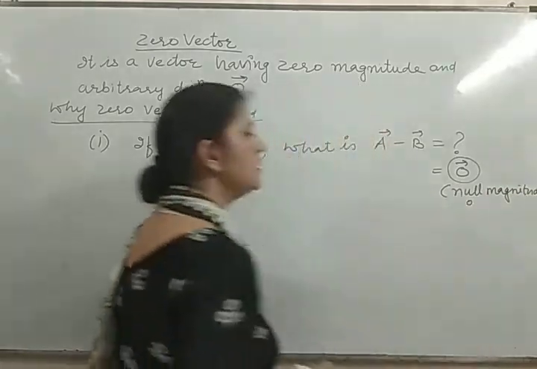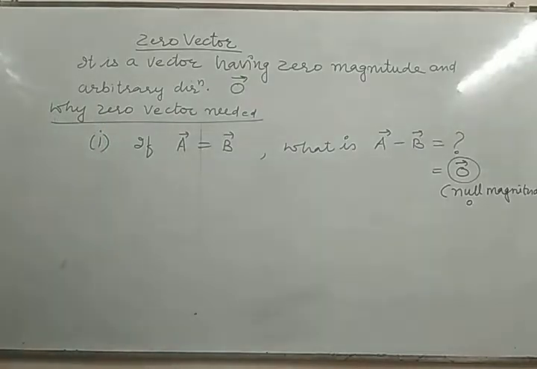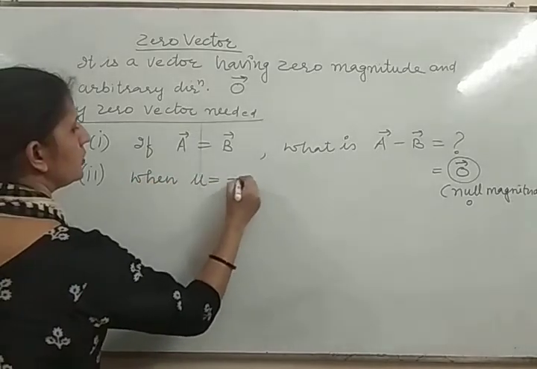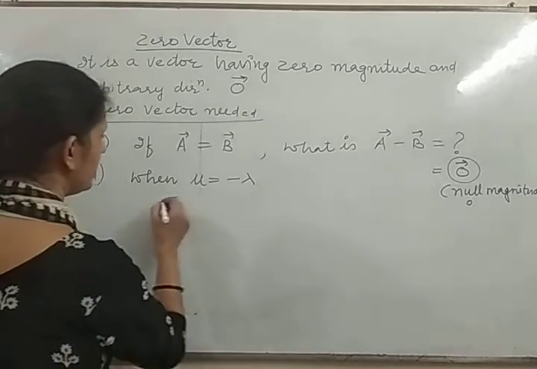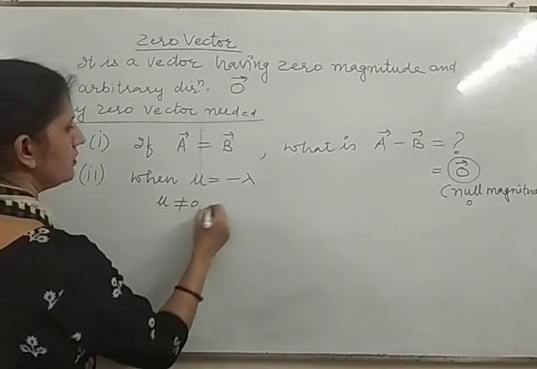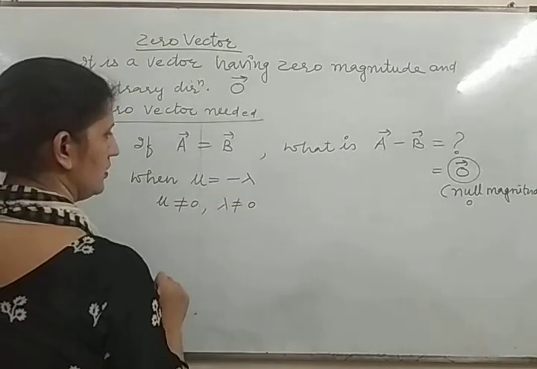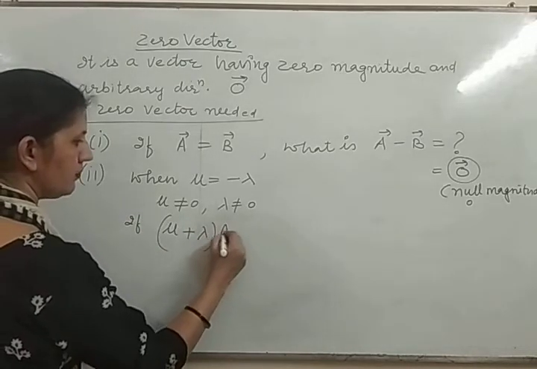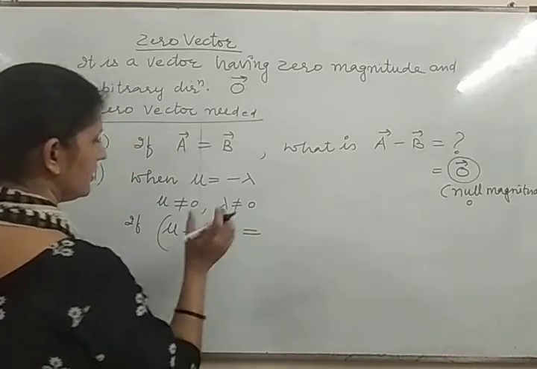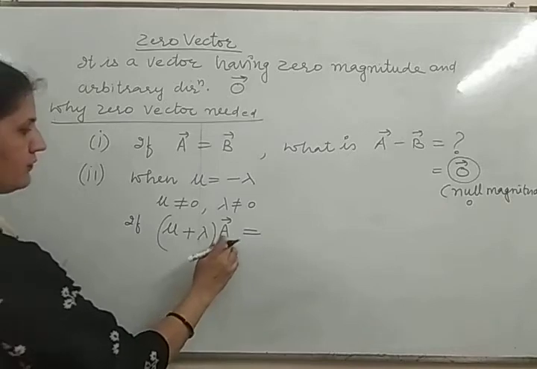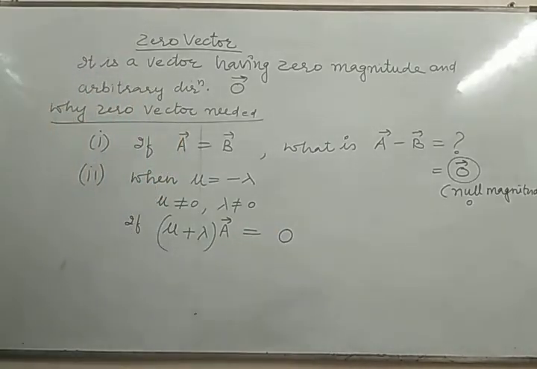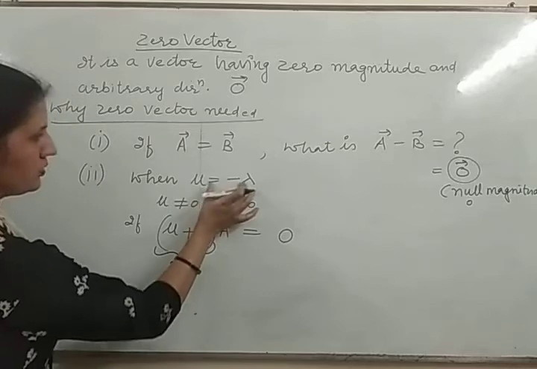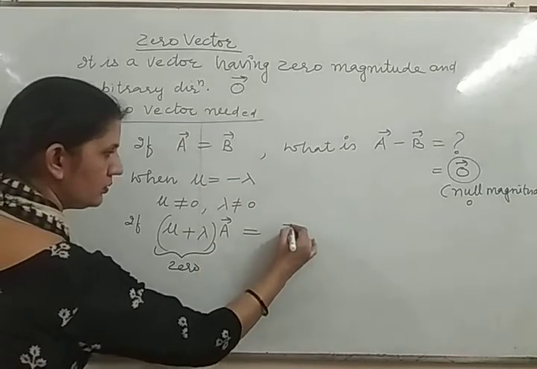And the second situation is when mu is equal to minus lambda, where mu is non-zero and lambda is non-zero, and mu plus lambda is multiplied by a vector A. If these are non-zero values and the answer is equal to 0, this term is already 0, so how can it be equal to a zero vector?